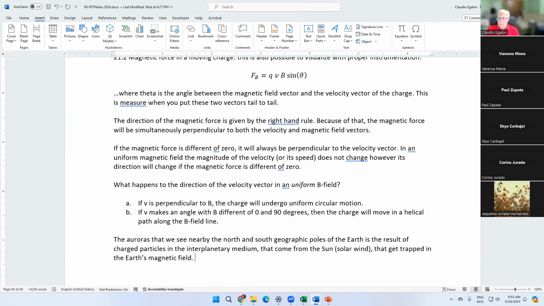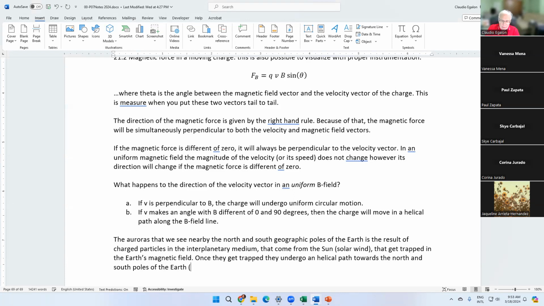Okay. In this case, once they get trapped, they undergo a helical path towards the north and south poles of the Earth.